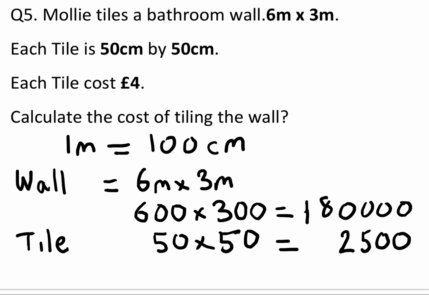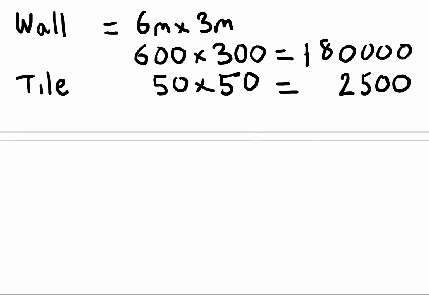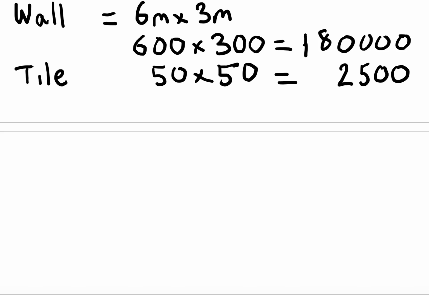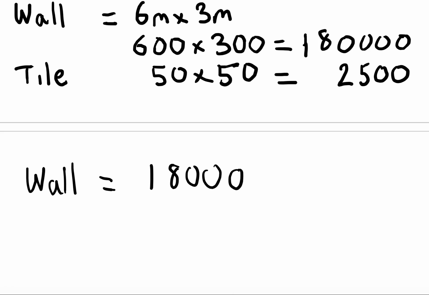So what we need to do is divide, see how many tiles are in the wall. So what we need to do now is the total wall equals 180,000 centimeters squared.